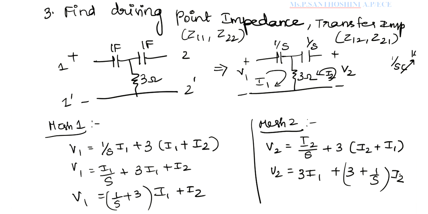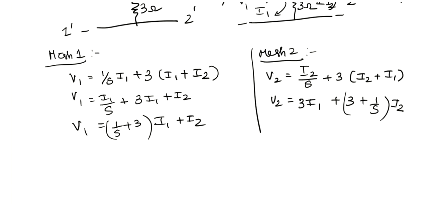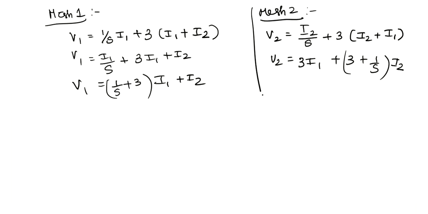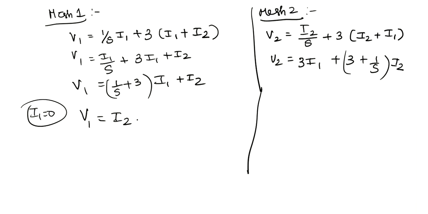Clear? Now as usual, two steps. Put I1 equal to 0. So now I am putting I1 equal to 0. What you are getting, V1 will be equal to, sorry, it is 3I2. So don't forget 3I1, 3I2.